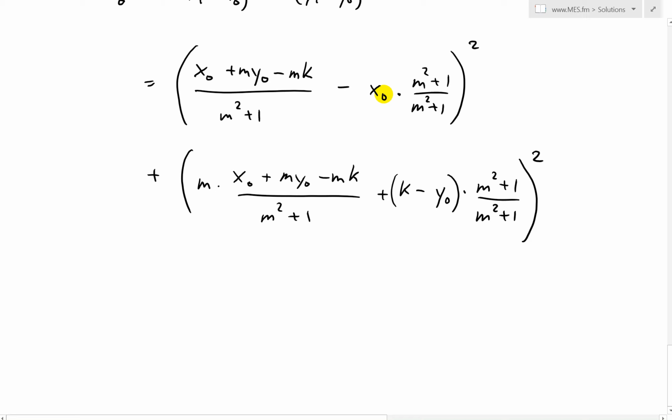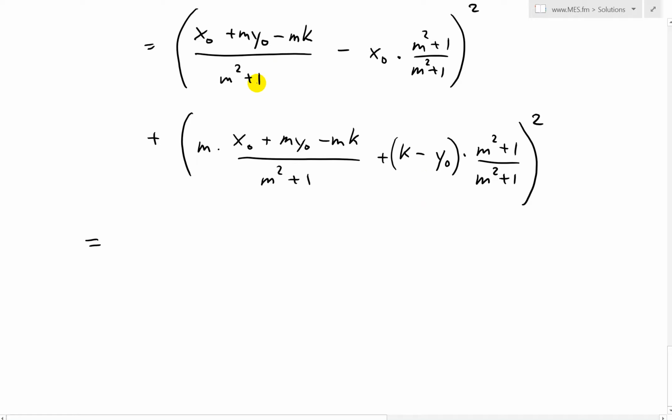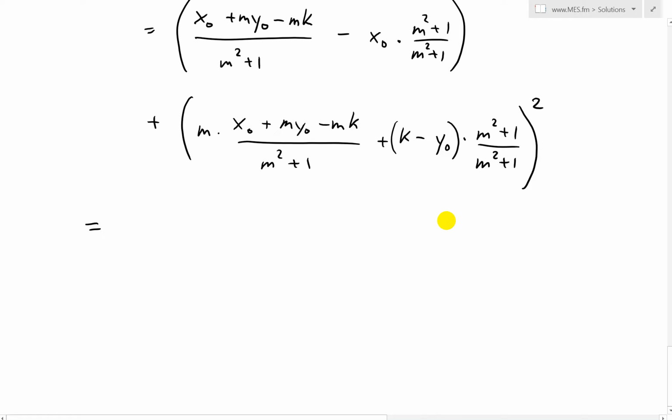So now we could do the top part. So this all equals, and there's an m squared plus 1 on every single term here, and then that's squared. So I'm just going to take it completely out of the square. So this is (m squared plus 1) all squared, and now we have just the terms over here.